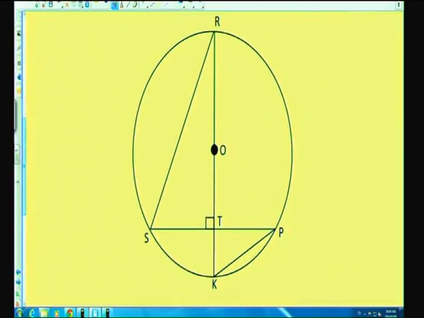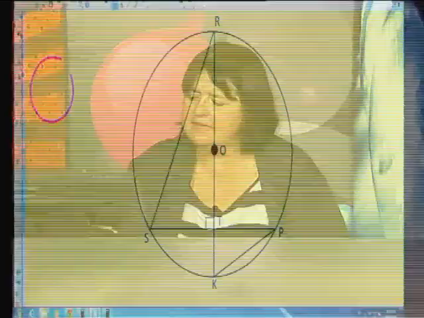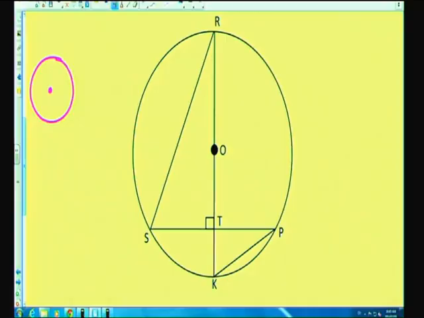Now, hopefully, as you're looking at this question, you are thinking back to your grade 11 theorems. And there's one in particular that is just screaming at me here. It says, if I have a circle and I draw a line from the center perpendicular to a chord, then it bisects the chord in half.